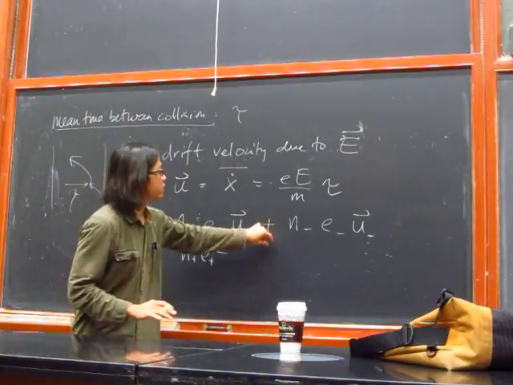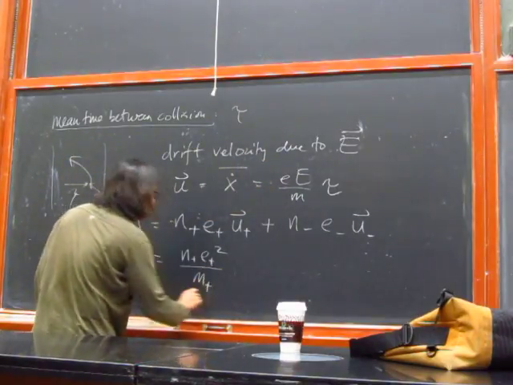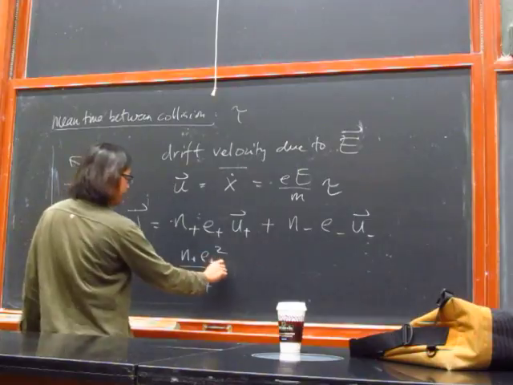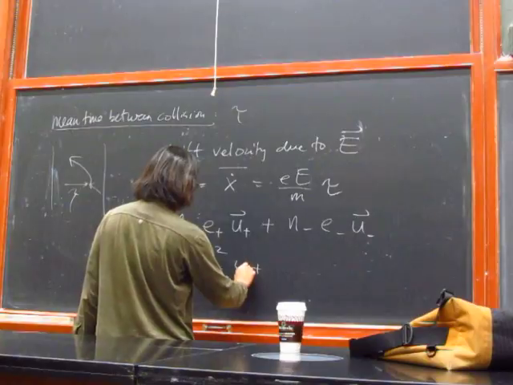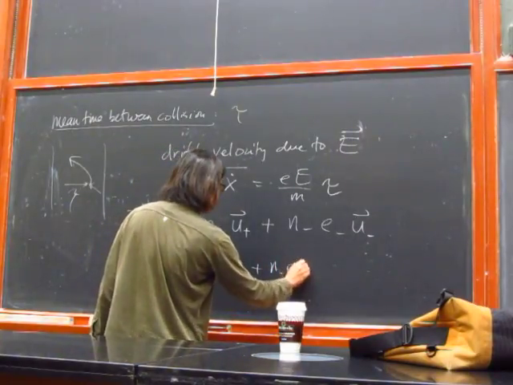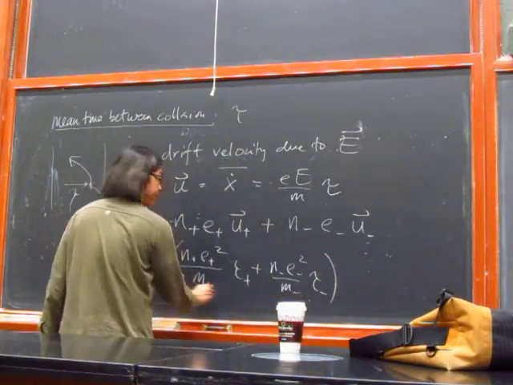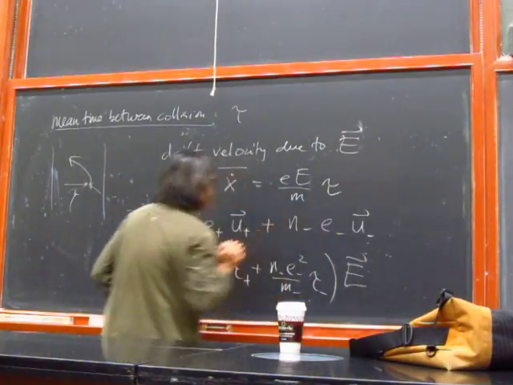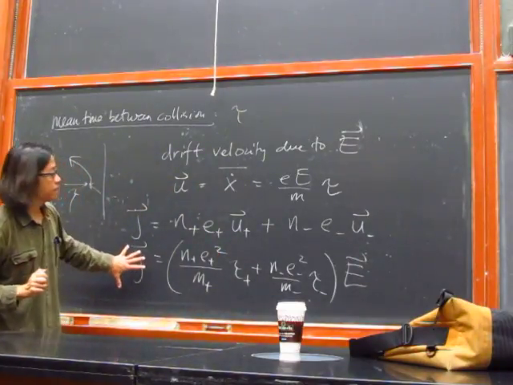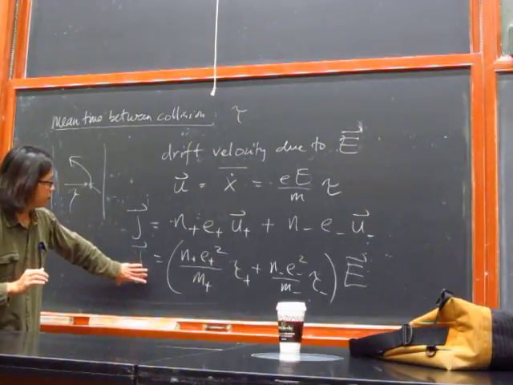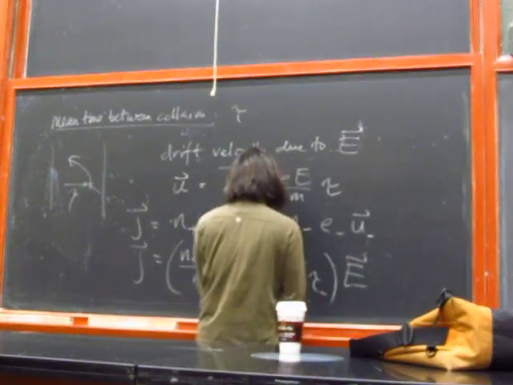This is part of the reason I don't worry about the sign, because the e will be squared in this case here, divided by the mass of the positive carrier times tau plus, plus n minus e minus squared over m minus times tau minus, times E. The most important lesson here is that the current density is proportional to the electric field.